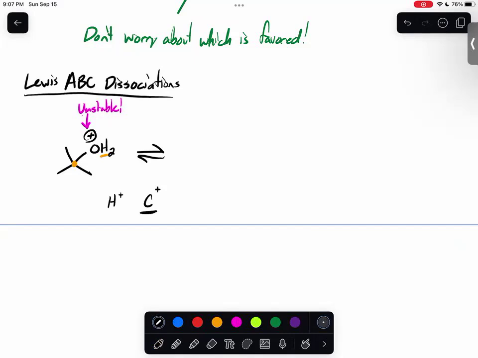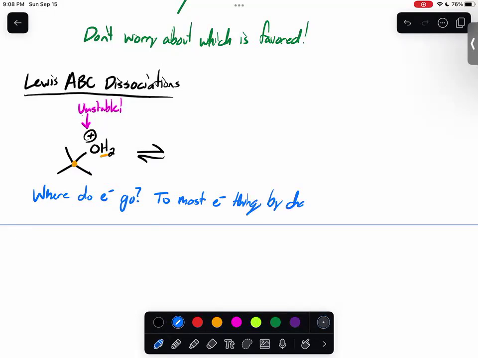So, because of this, what's going to happen with the electrons here? If we ask ourselves, where do the electrons go? It's to the most electronegative thing by the charge, right? And you're pulling from the least.